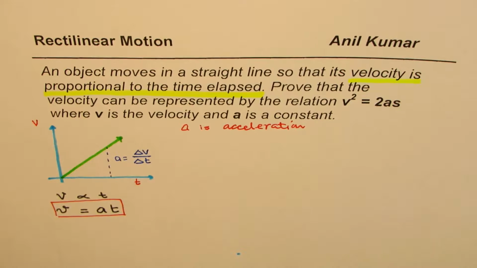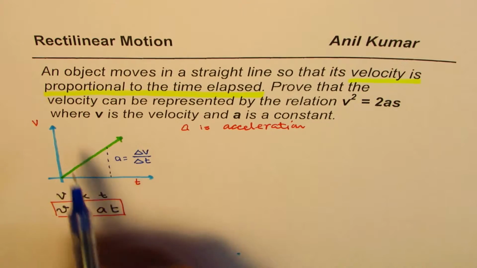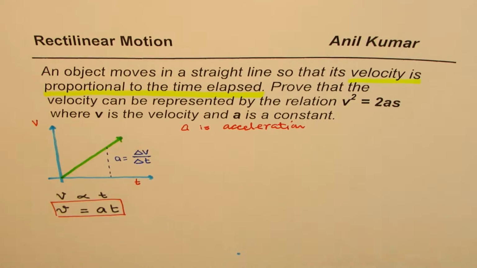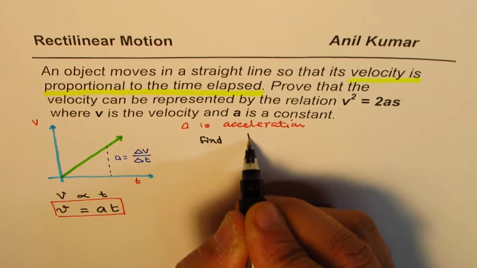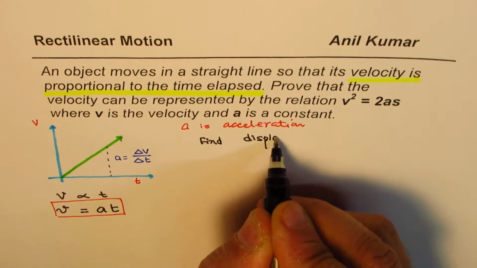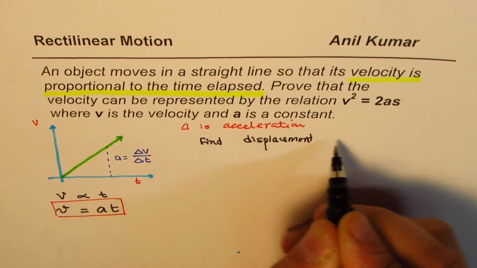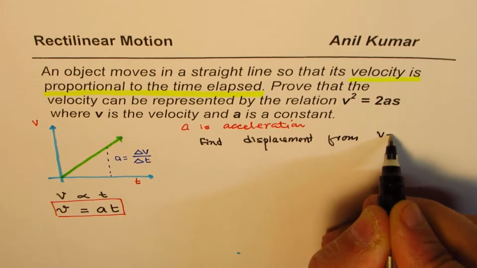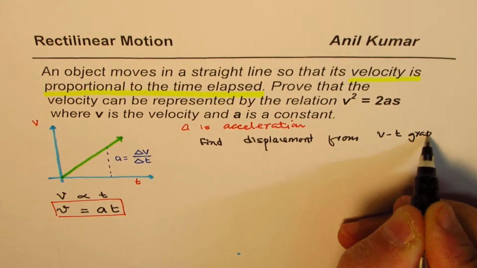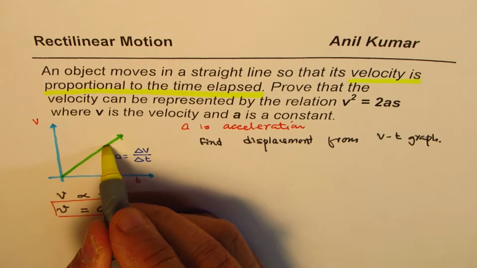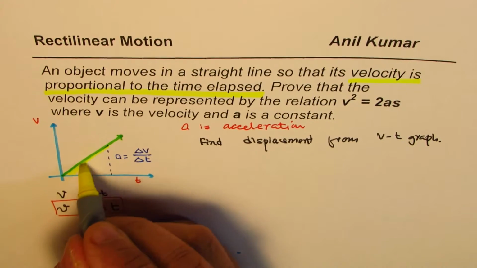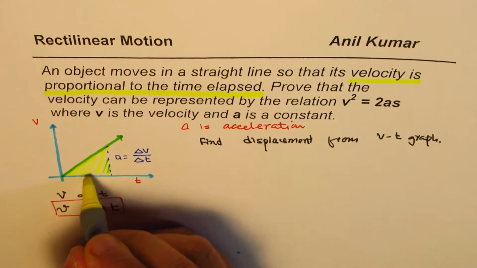If the question is to find the displacement from a velocity time graph, what will you do? Since the relation involves displacement, we know displacement basically is the area under the curve, right? So that area itself represents the displacement.